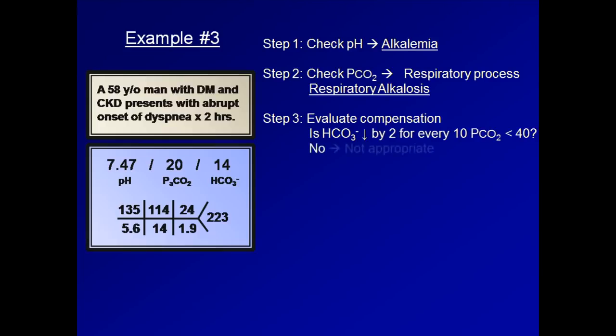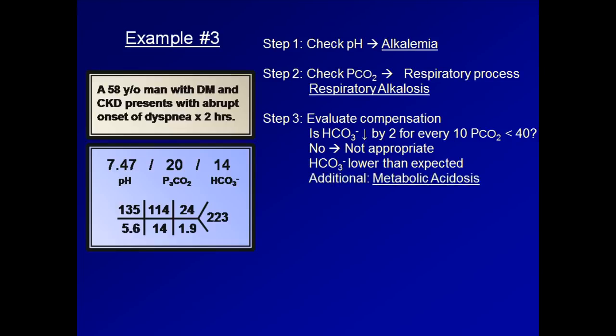Since it isn't, compensation isn't appropriate, and another disorder is present. As 14 is significantly lower than 20, and thus trending more towards acidemia, it implies the additional process is a metabolic acidosis. It's important to note that this metabolic acidosis just identified is not just compensation for the respiratory alkalosis that we first identified, but rather an independent primary acid-base disorder.